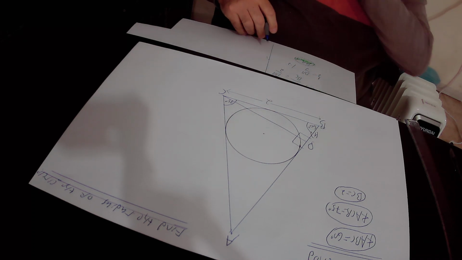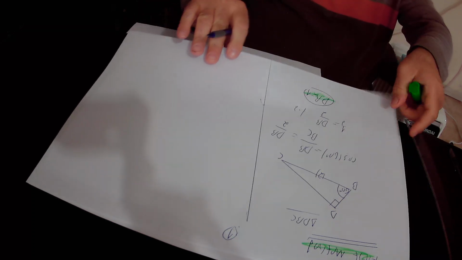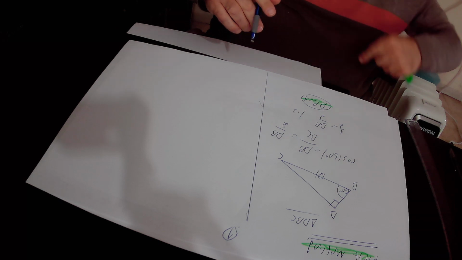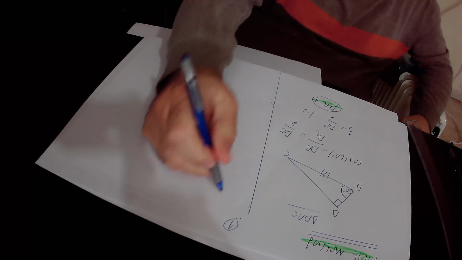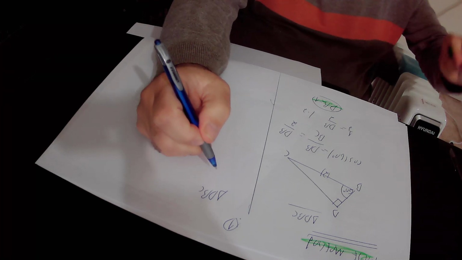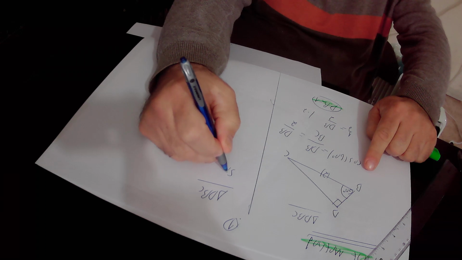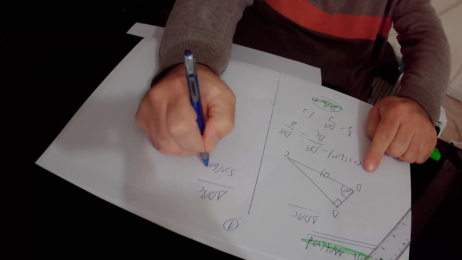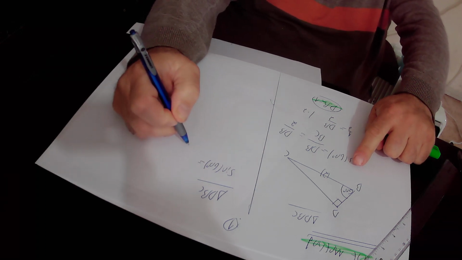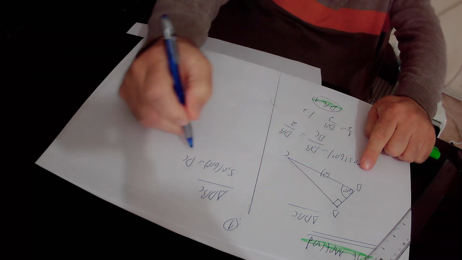We continue to focus on the right triangle DBC. In the right triangle DBC, sine of 60 degrees equals DC over BC.